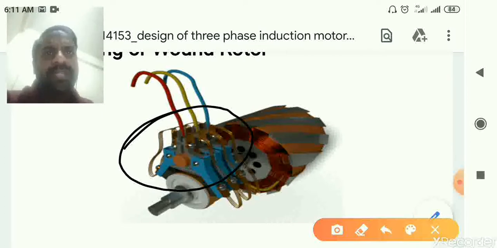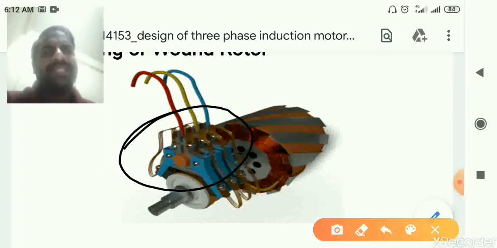As we know, the torque developed in the induction motor, especially the starting torque, is related to the rotor resistance. So if we increase the rotor resistance by adding some external resistance, the starting torque developed in the motor becomes high. For that purpose, the squirrel cage induction motor does not allow this kind of construction in which we can add external resistance.